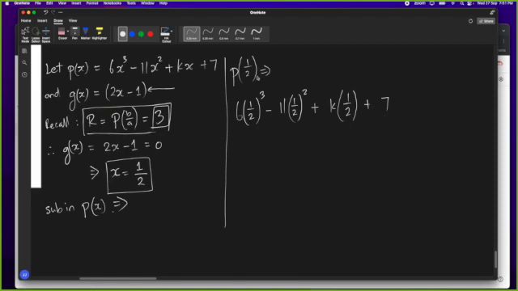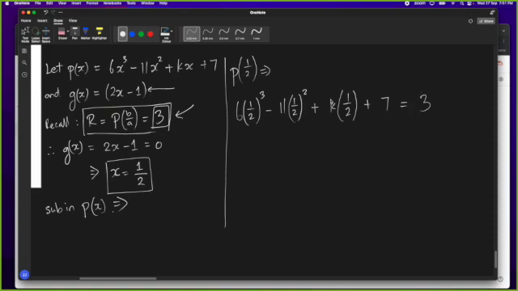That when I actually do this, I will end up getting the remainder to be 3. That is what they're telling me here, that the remainder is 3. So when I do this, I will get 3.